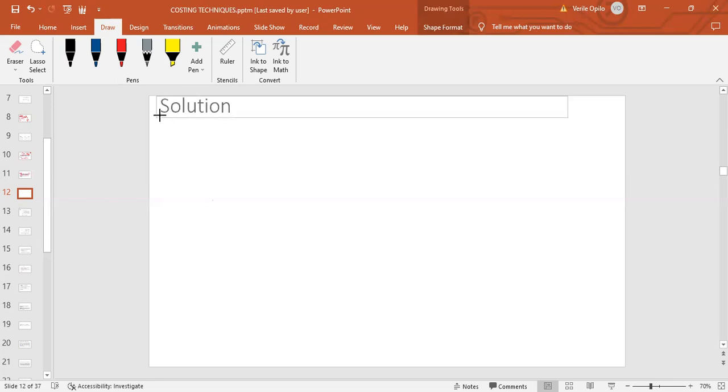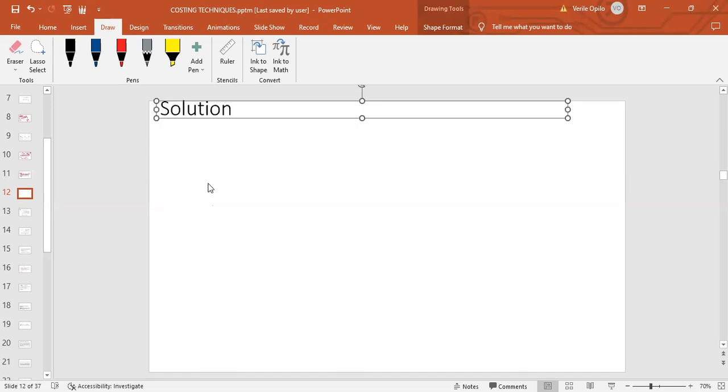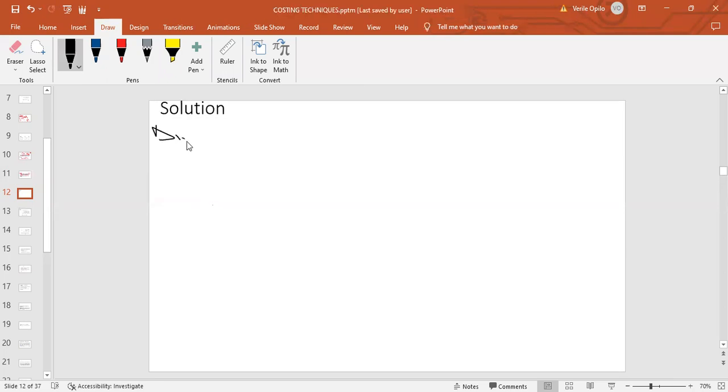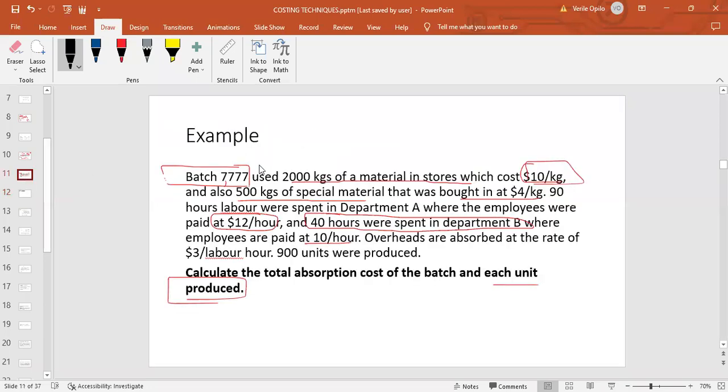We'll start off with the material costs. We're told that we have materials, so we'll have the direct materials. How much is the company incurring in terms of direct materials? It used 2000 kgs of material which was in stores, and the material cost the company $10 per kg.